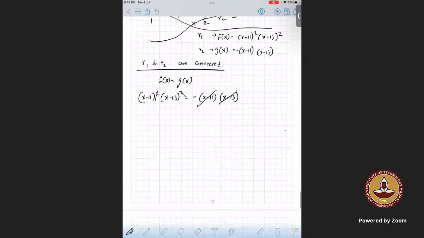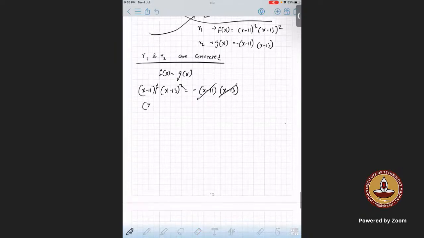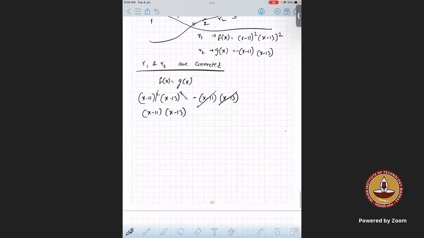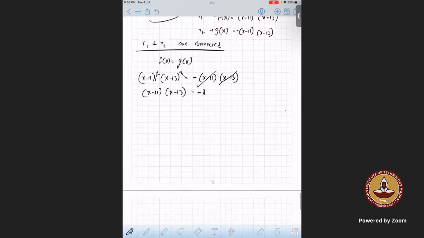Hello? X minus 11, x minus 13 equal to minus 1, because there is a minus symbol. Not 0. Hello? Are you able to listen? Yeah, I have done some mistake. Sorry.